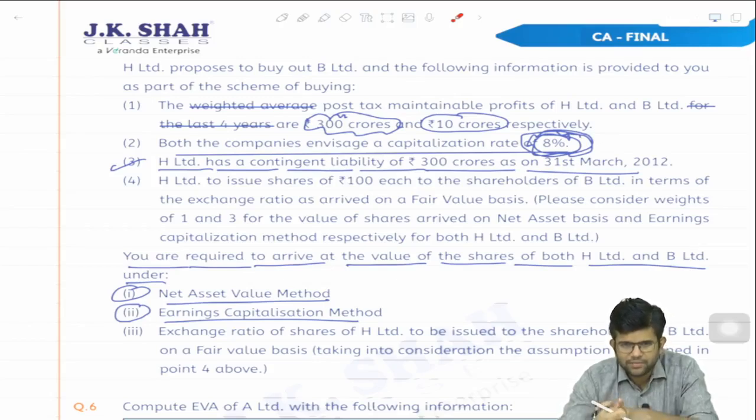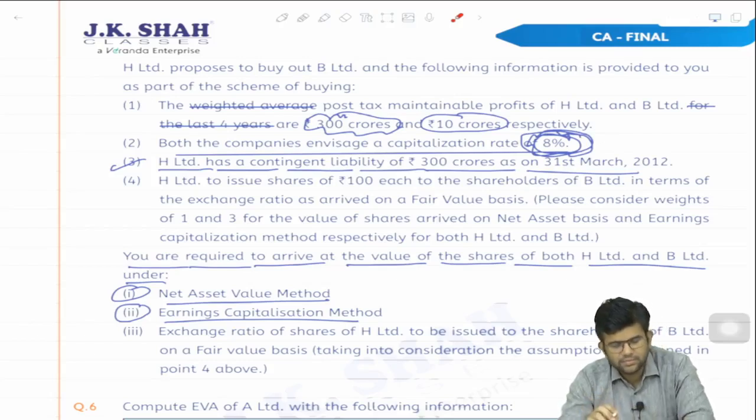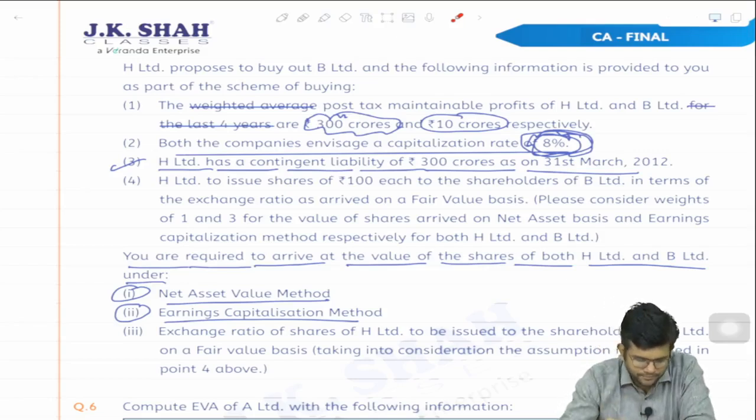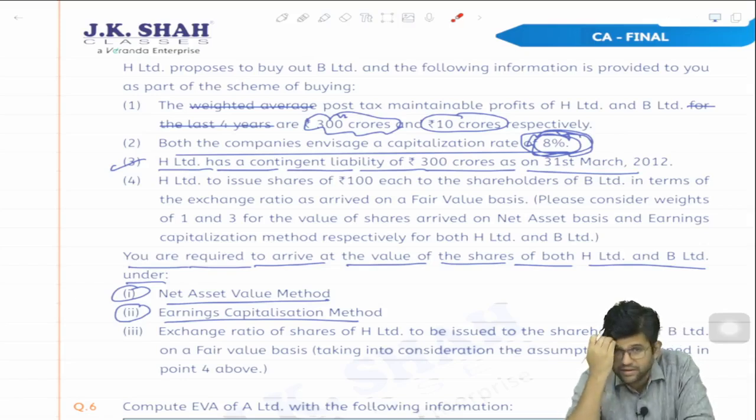NAV calculations, please. Done? NAV only, just check NAV.